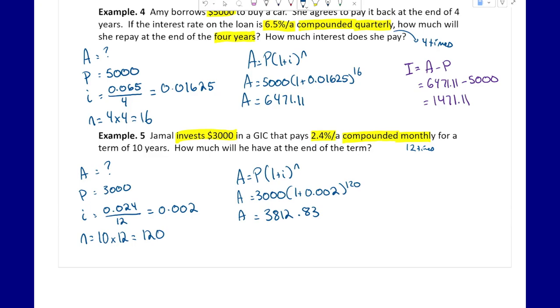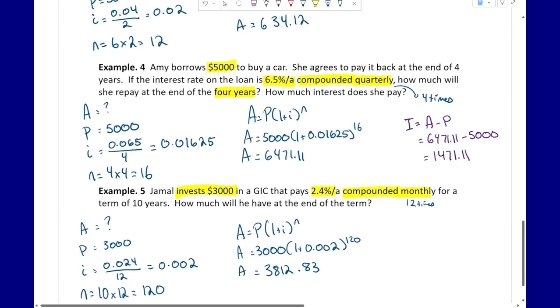With a GIC, you're guaranteed to earn that percent. So I'm guaranteed to earn 2.4% each year. You're just putting money in and letting it work for you. It might not seem like a lot, but the fact that you didn't have to do anything means it's basically like free money. Yeah, you have to wait for it, but in the end you're not doing anything for it, so it's not too bad.